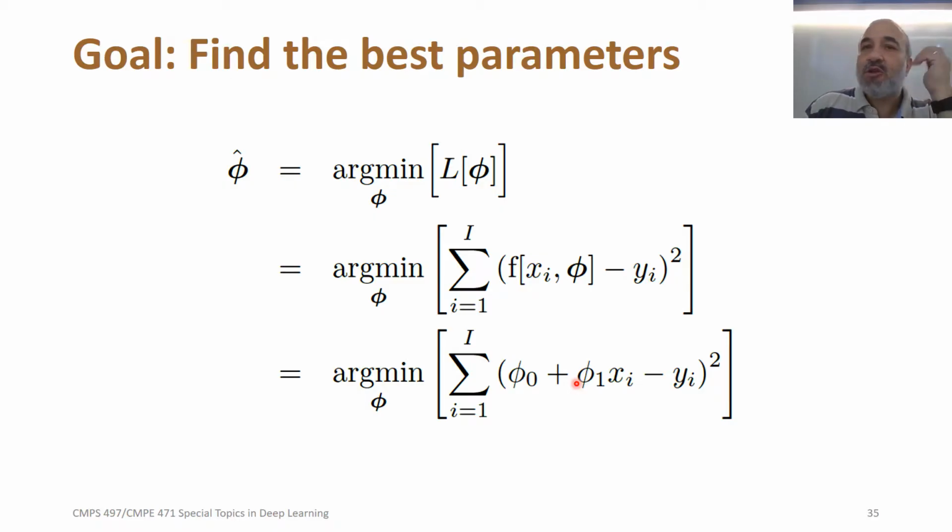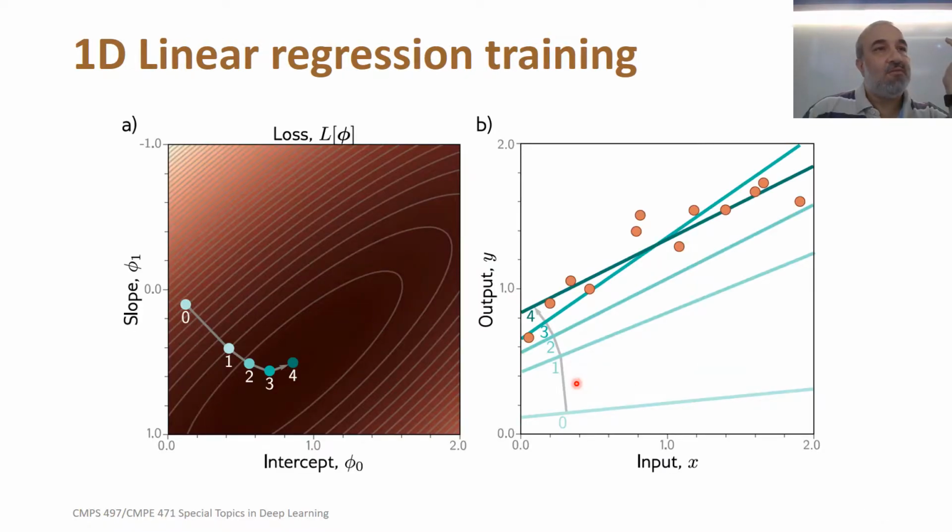Okay? So why don't we get a closed formula and not do this iterative process? We don't need to try multiple lines or multiple values of parameters to get the best of them. We can actually compute it. Mathematically, we can find the minimum of this function. Done. Why should we use gradient descent?